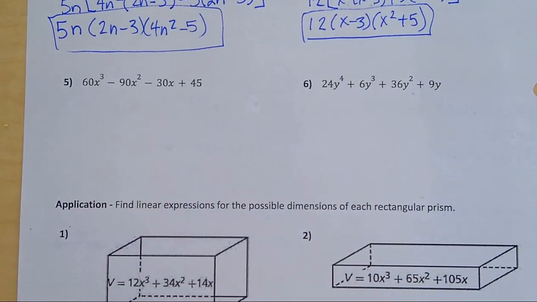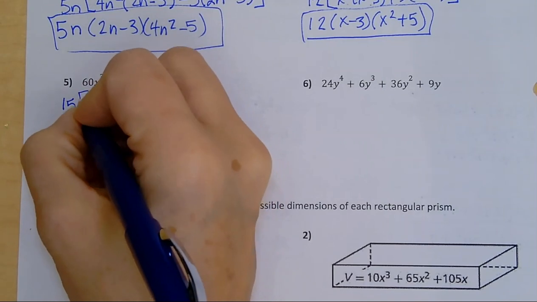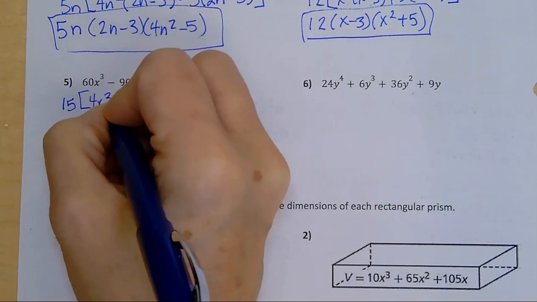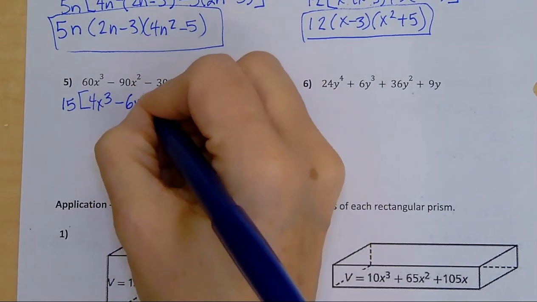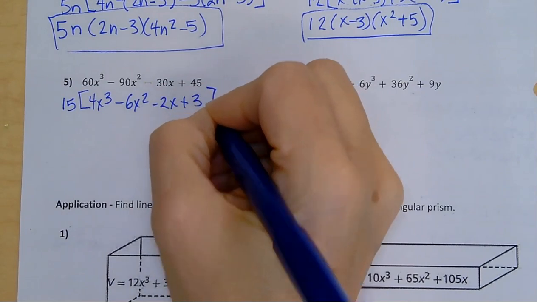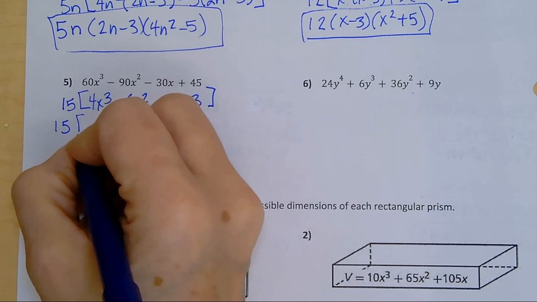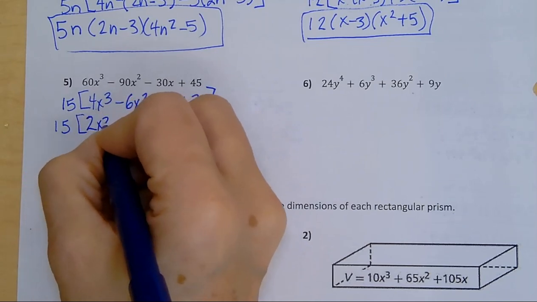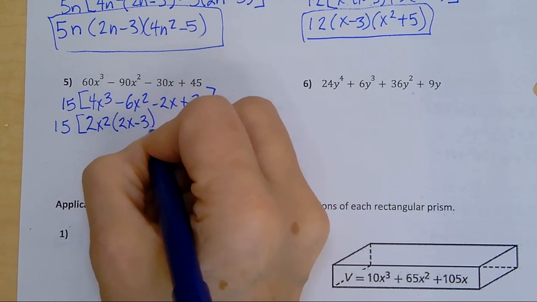All right, 60x cubed minus 90x squared minus 30x plus 45. I'm guessing that 15 is going to be my big number. So 15 times 4x cubed minus 6x squared minus 2x plus 3. I keep 15 and I'm going to take out 2x squared. That leaves me with 2x minus 3.